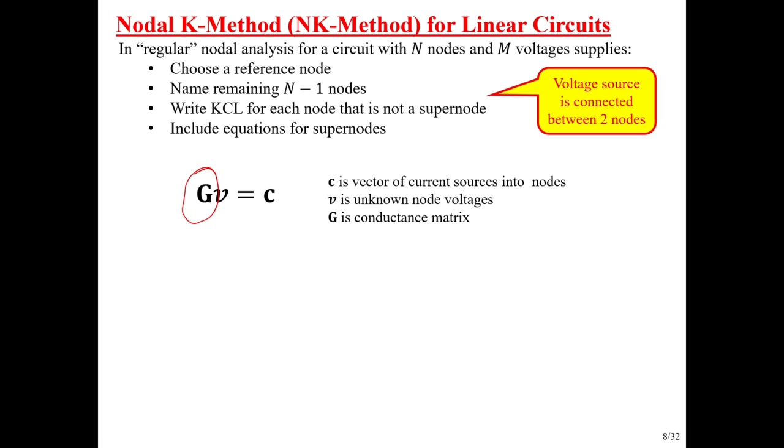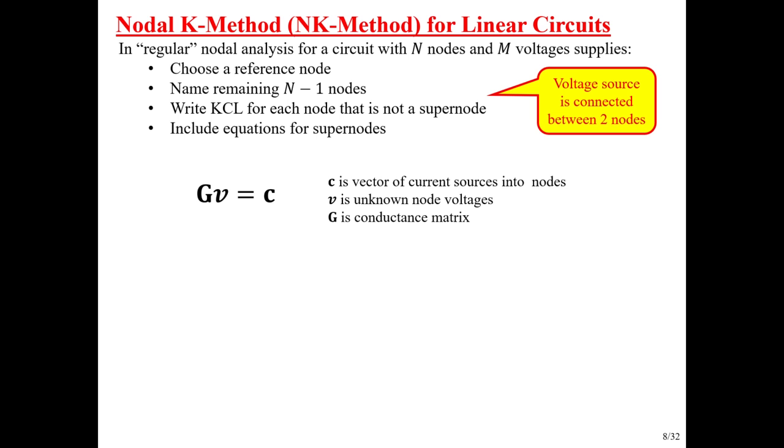So think about this. This is Ohm's law, right? V equals IR. This is current. So if we're solving for the current, we would say V over R is equal to C. Well, 1 over R is the conductance. So that's how you did it.